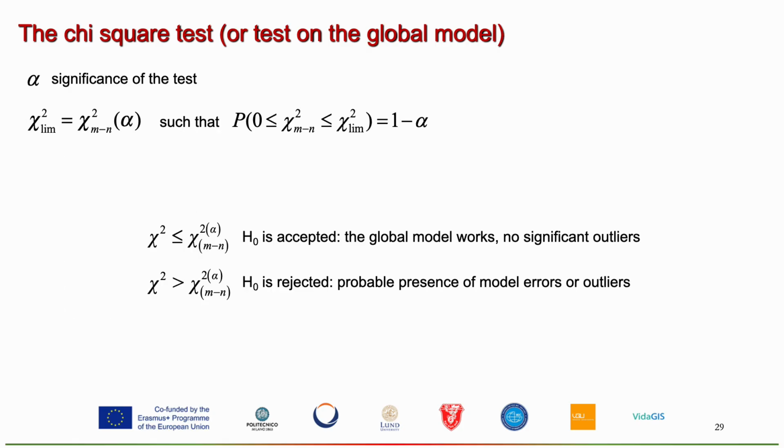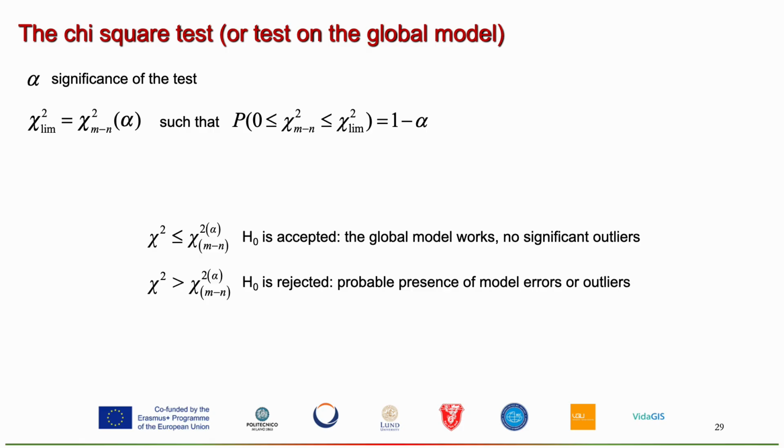Now you check the empirical value you have obtained by the ratio of the a posteriori variance and the a priori variance multiplied by m minus n, let's say the empirical chi-square. You have two possibilities. The empirical chi-square is smaller or equal than the threshold value you have decided.